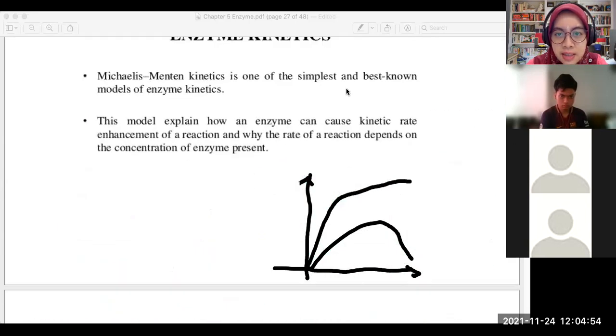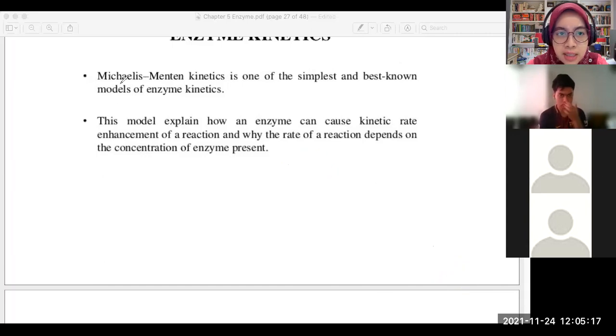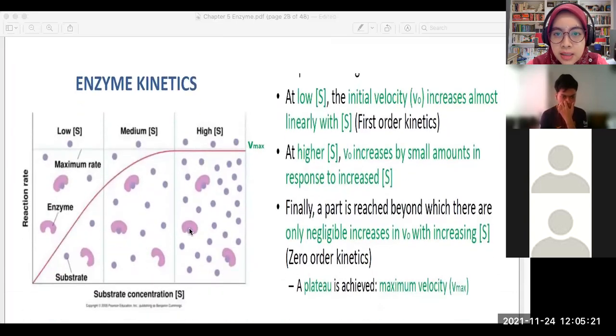So over here would be substrate concentration. If I use this symbol, a bracket like this is concentration, and this is the rate of reaction. All right, so this is the graph for the Michaelis-Menten model. Okay, so let's look at this one by one.